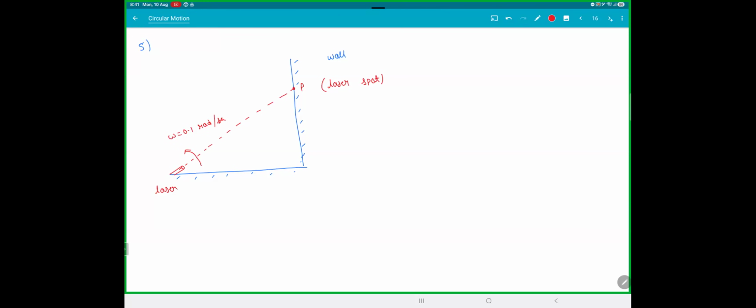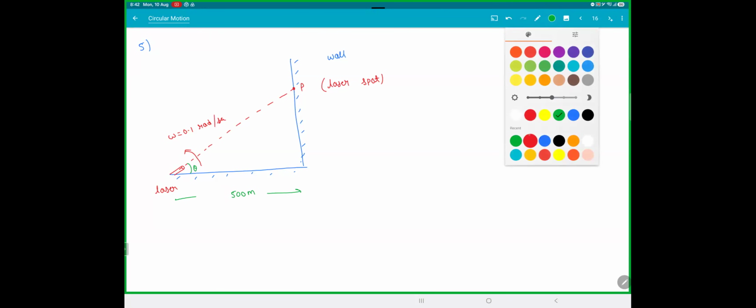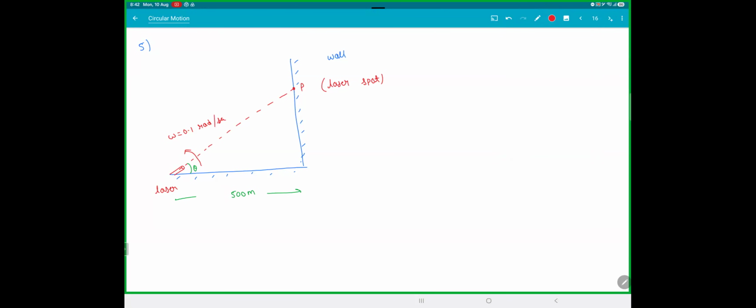You have taken a laser and you're moving it on a wall. The distance from here to here is 500 meters, and let this angle be theta. If you move this up, the laser spot moves on the wall.